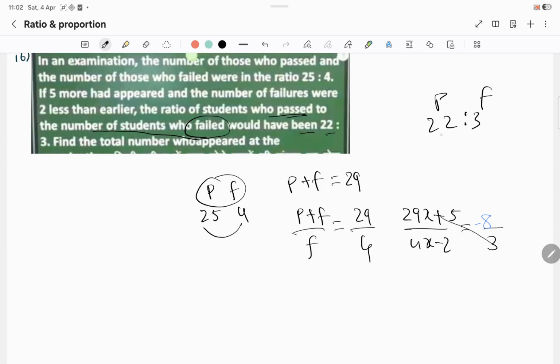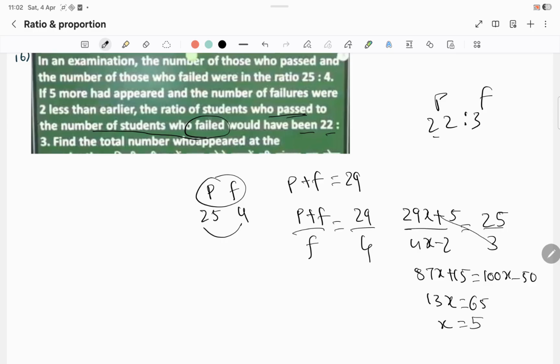So the total is 22 plus 3, 25. Okay, now it is correct. 87x plus 15 is equal to 100x minus 50. Then 13x is equal to 65. Then x is equal to 5. We got x is equal to 5.